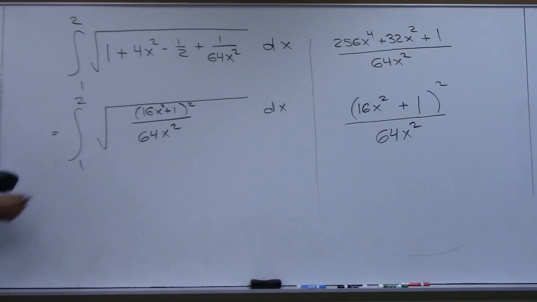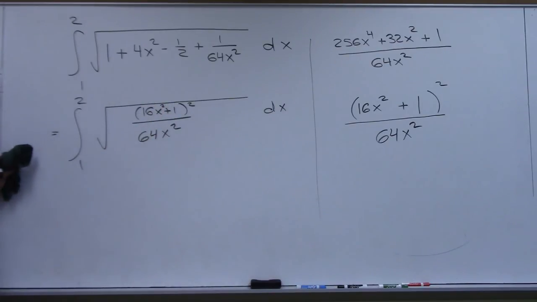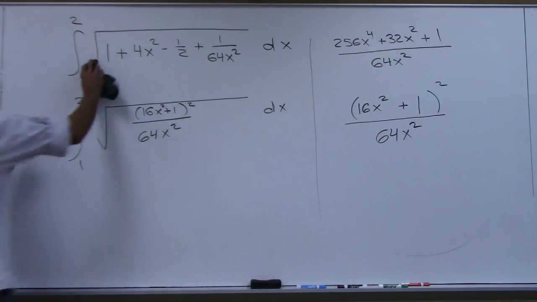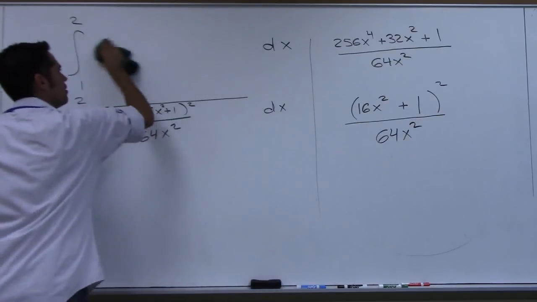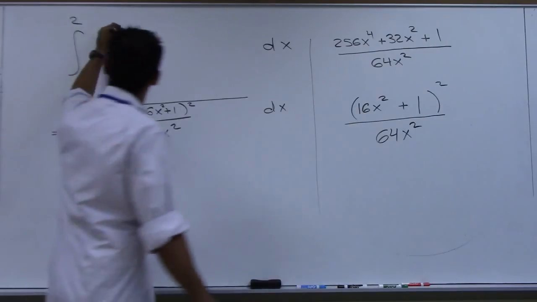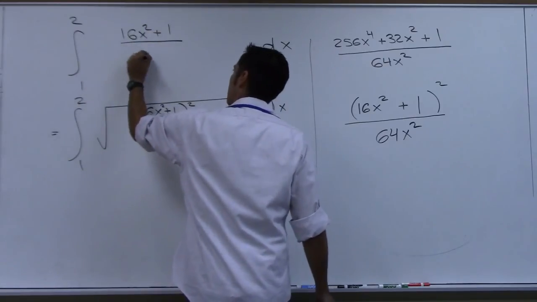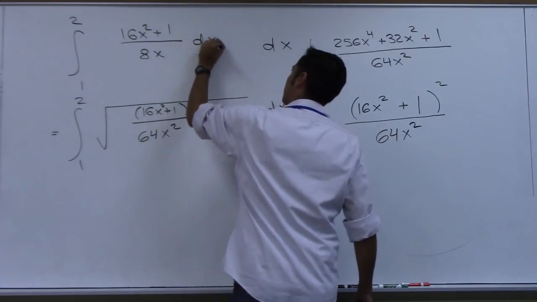Separately. And when you take the square root of something squared, it goes away. And the square root of the bottom is easy, 8x. So you get what? 16x squared plus 1 over 8x dx.